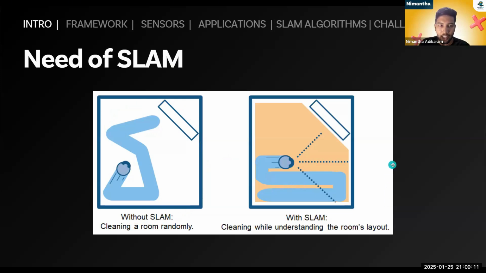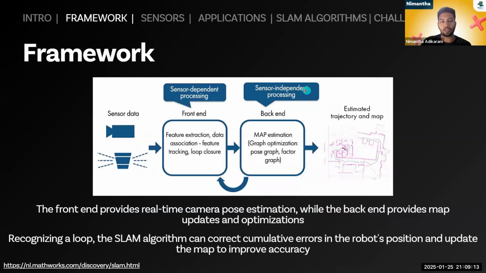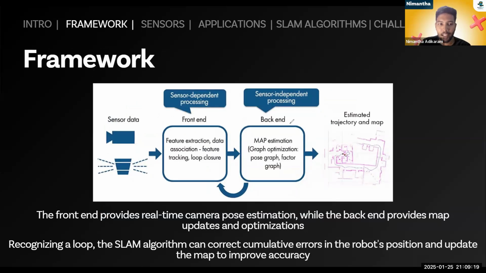All right, then let me go through the framework. How can SLAM be integrated? We will have the sensor data. Sensor data can come from the camera, LiDARs, and some other sensors as well. In an autonomous vehicle, we also have GNSS sensors, and IMU data will be there.